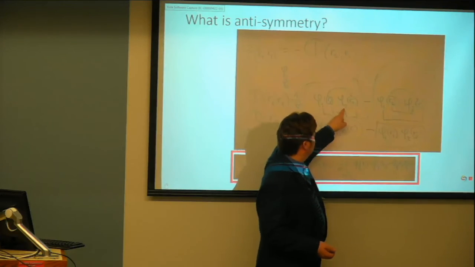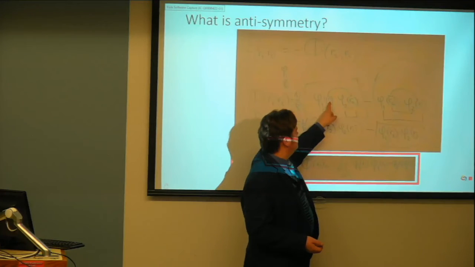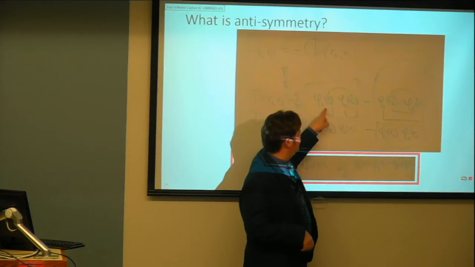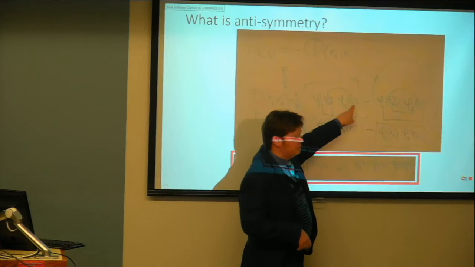Orbital 1, orbital 2, orbital 1, orbital 2. But we will swap electrons. Like in the first term, electron number 1 sits in orbital number 1. And it is a little crazy thinking because we assign numbers to the orbitals. And electron number 2 sits in orbital number 2.